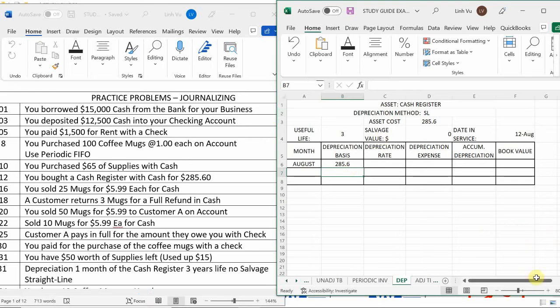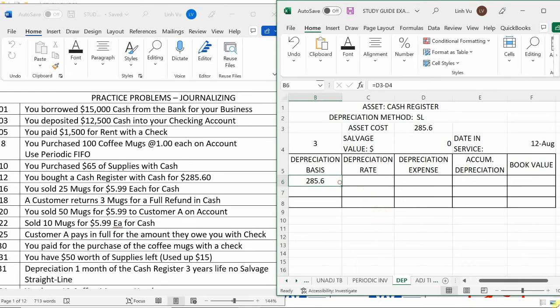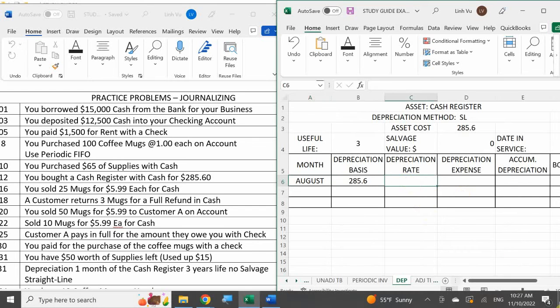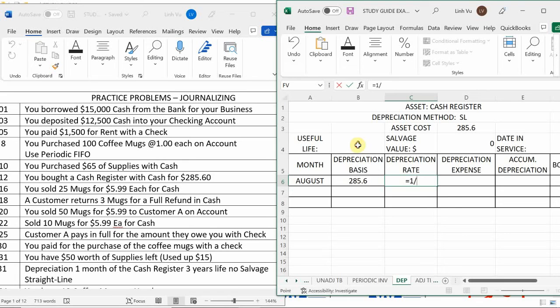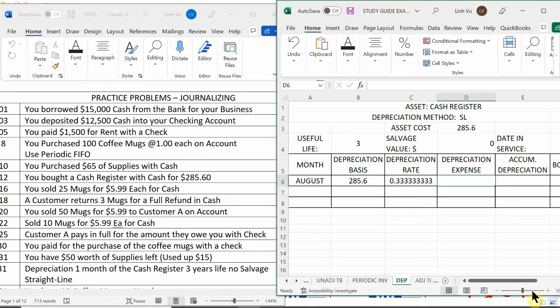What's my depreciation rate going to be? 1 divided by 3, 1 over the estimated useful life of 3. What is that going to give you? 0.33333. Good. So what should be my depreciation expense?